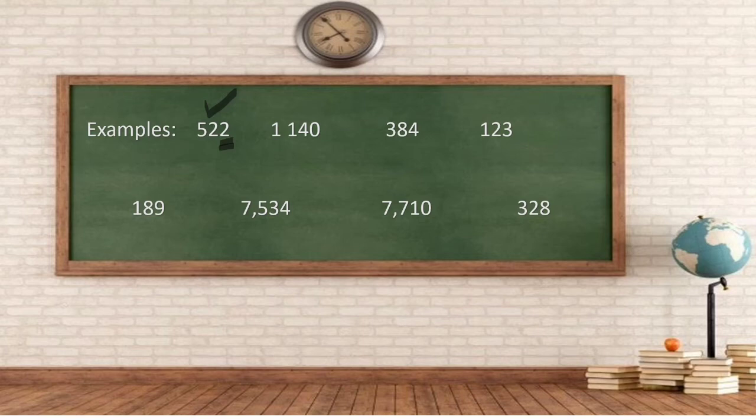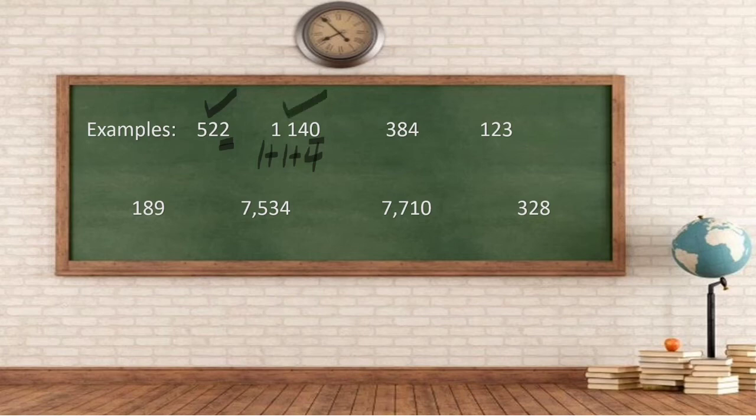How about 1140? It ends with a 0. So this is divisible by 2. Then if we get the sum, 1 plus 1 plus 4, this is 6. Yes, this is divisible by 3. So this is divisible also by 6.